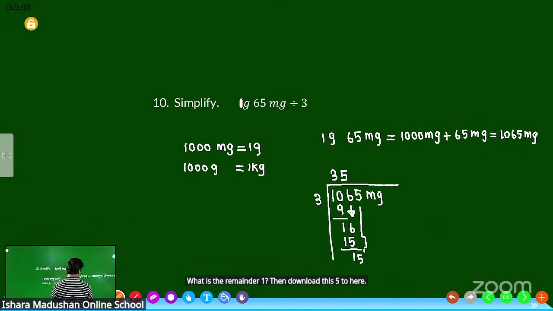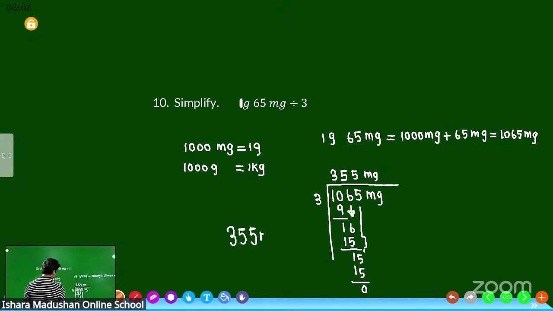How many 3s for 15? 5. 3 into 5, 15. Division terminates. So the answer is 355 milligrams.